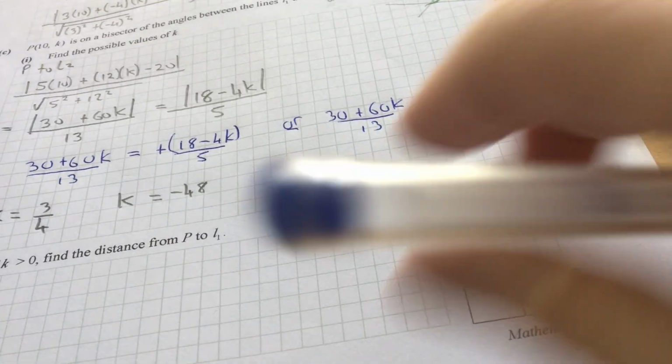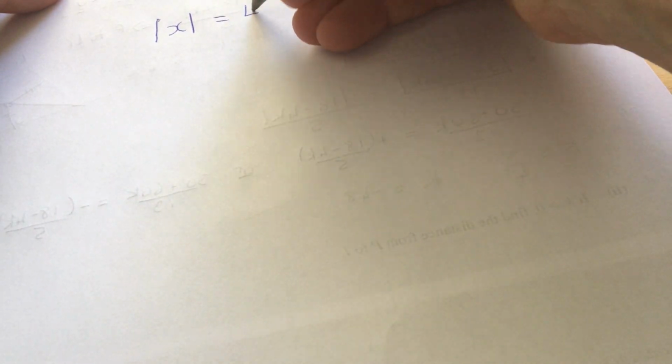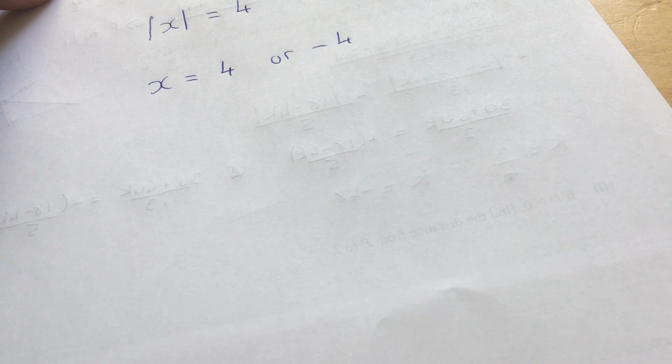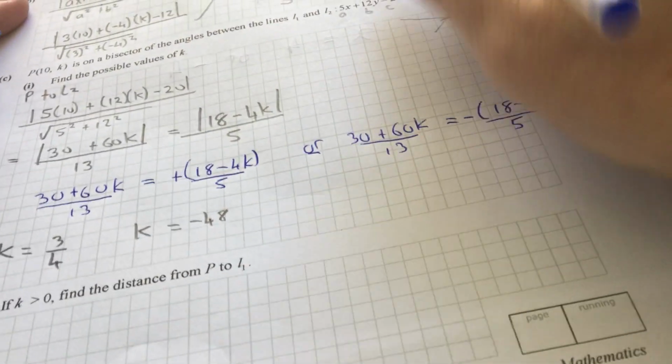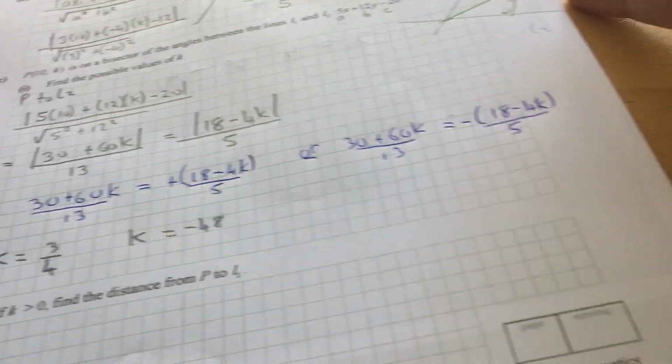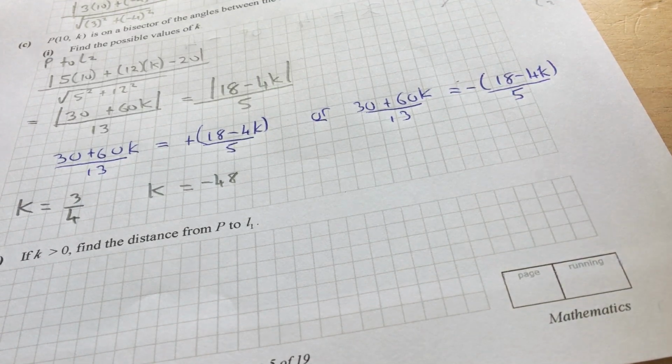And that comes from, if you remember your absolute value, if I was to say to you that the absolute value of x was equal to 4, then x could be equal to 4 or minus 4. Okay? Or as I said earlier, if you want to square both these sides, square that side and square that side. Now the numbers get a bit bigger and a bit unwieldy, but those are your answers anyway. Hopefully you can work them out.